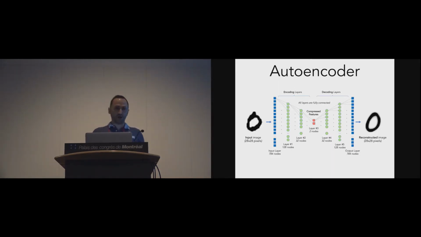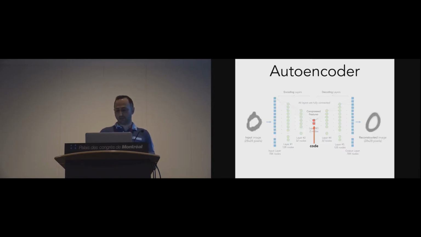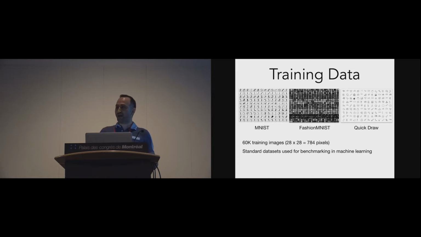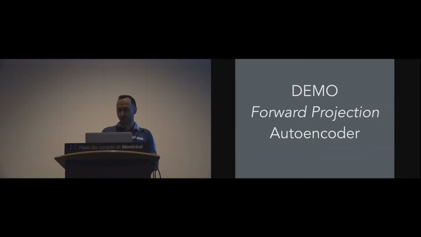Deep autoencoders with nonlinear activation functions can learn nonlinear mappings between high-dimensional data and their low-dimensional representations. For training our autoencoder models, we use 3 different data sets. I'm going to show you forward projection interaction for autoencoder.